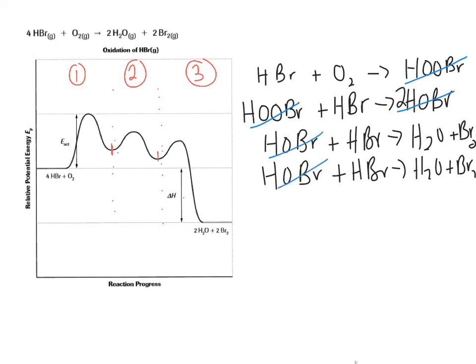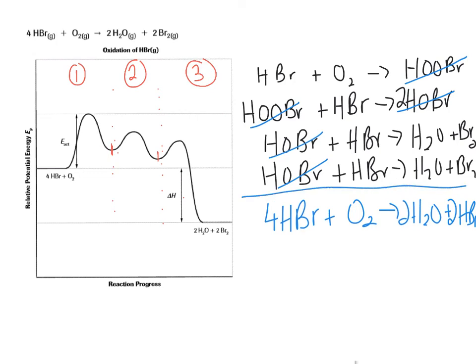So we have used 4 HBr, an oxygen, and we made 2 waters and 2 Br2. So these 4 steps add up together to give us our overall reaction.